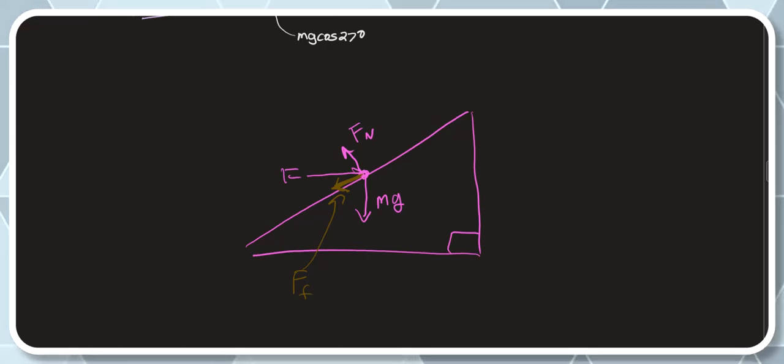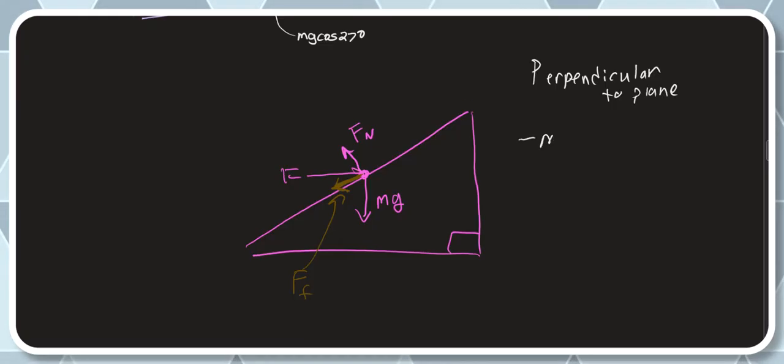So now let's take a look at the sum of our forces perpendicular to the plane. We have the component of gravity that's going down, mg cosine 27.